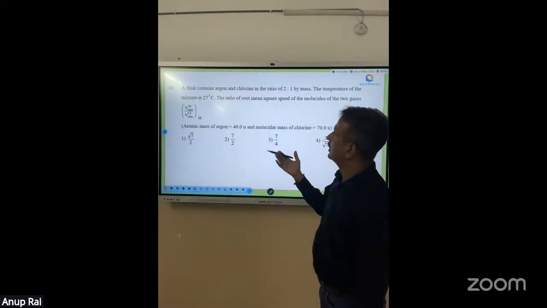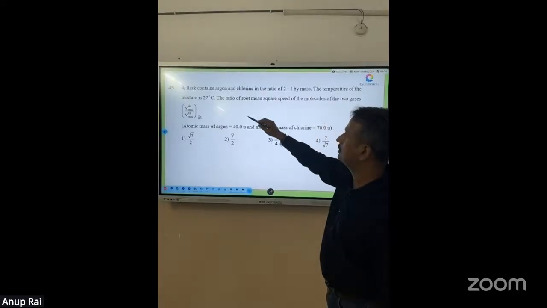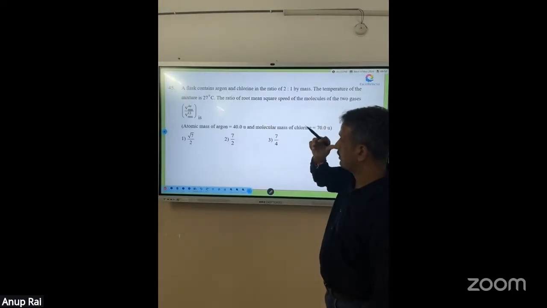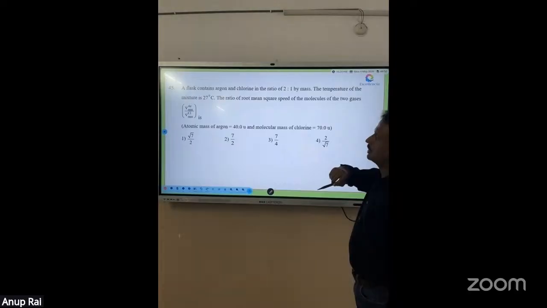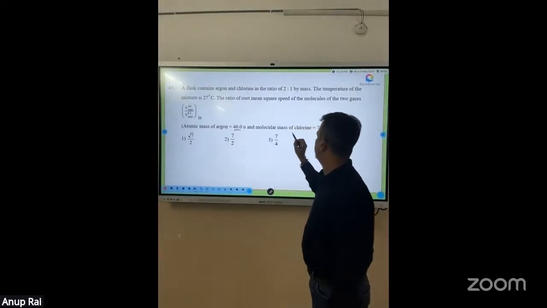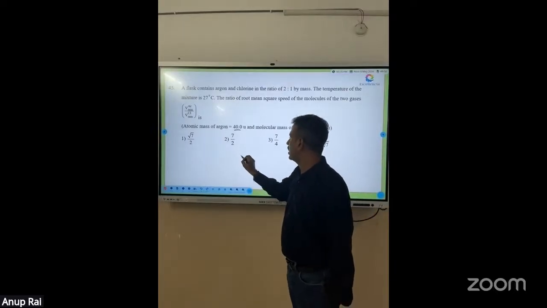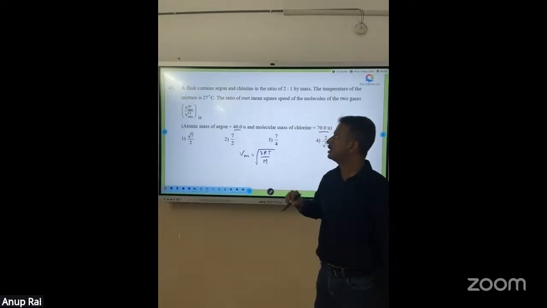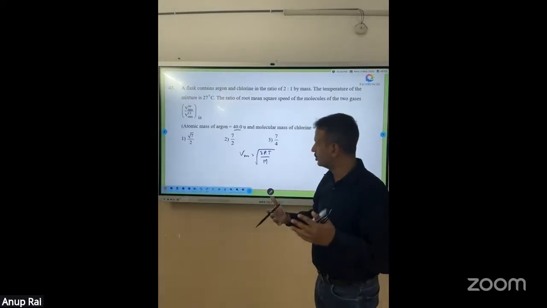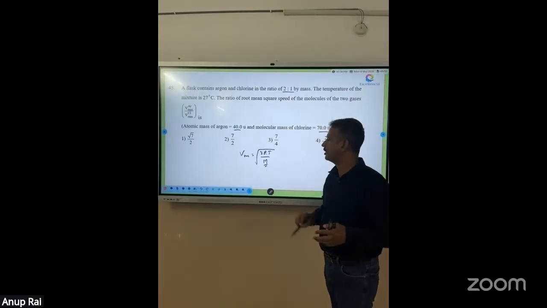A flask contains argon and chlorine in the ratio 2:1 by mass. The temperature of the mixture is measured as 27 degrees centigrade. Find the ratio of the root mean square speeds of the molecules of the two gases. Atomic masses of argon and chlorine are given. You know the formula for RMS velocity: root over 3RT by M. It has nothing to do with the mass ratio of the mixture. It has to do with just the molecular weight and temperature.